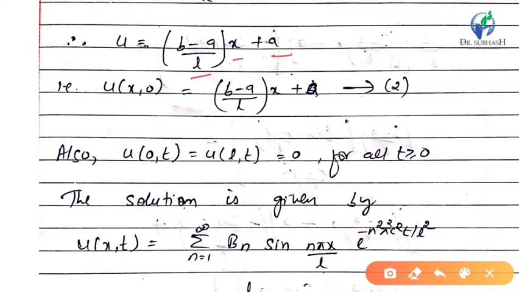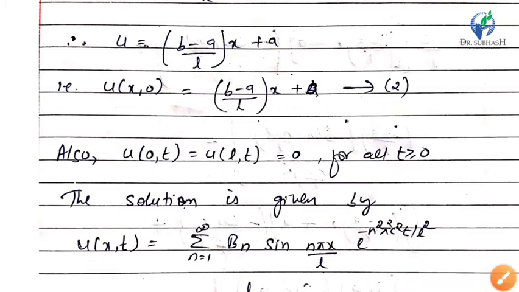Now at 0 degree Celsius, that means when t equal to 0, I get u of x 0 equal to b minus a upon L into x plus a. I name this as equation 2. Okay. Also u of 0t equal to u of Lt equal to 0. This is the condition for heat equation.